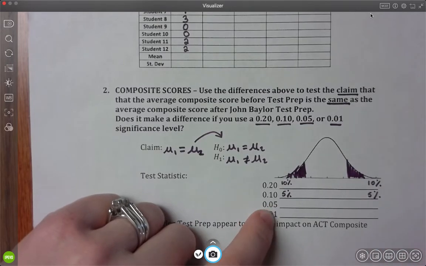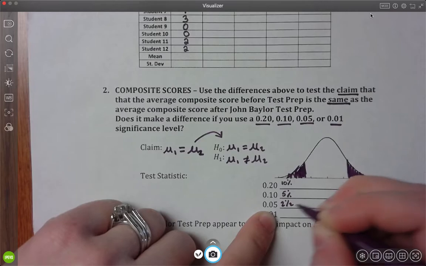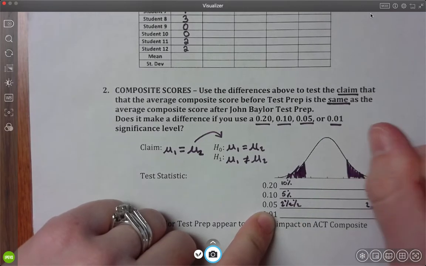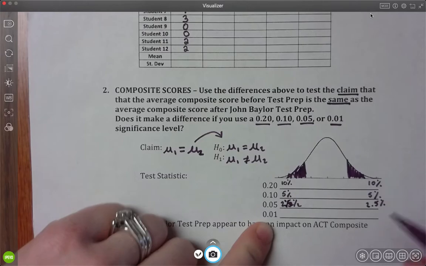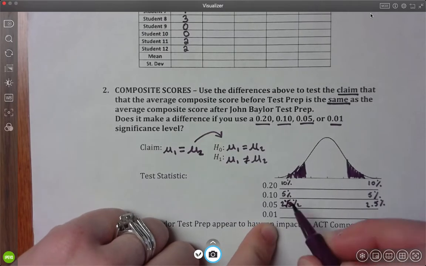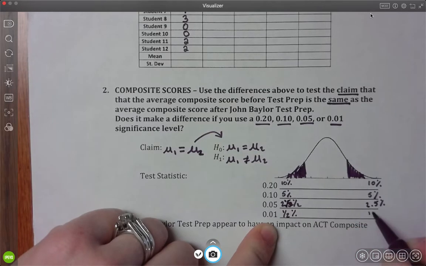This one would be 5%, so that means I have 2.5% in each tail. And this 0.01 is 1%, so that's going to be 0.5% here and 0.5% here.